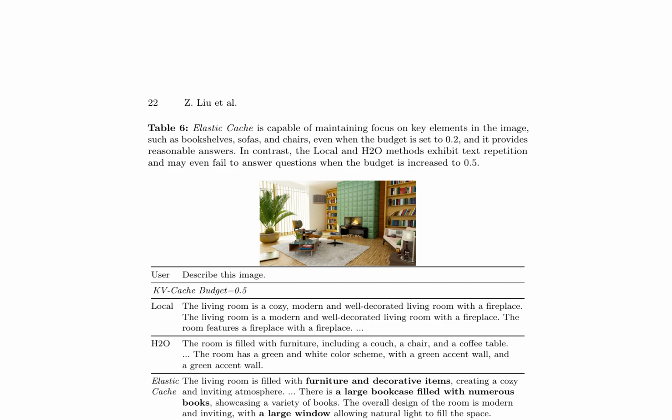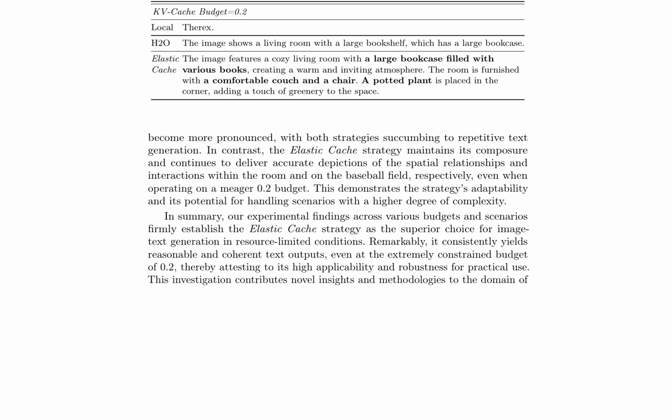When the budget is reduced to 0.2, the Elastic Cache strategy continues to deliver accurate depictions of spatial relationships and interactions within the room and on the baseball field, demonstrating its adaptability and potential for handling complex scenarios. In contrast, the performance of local and H2O methods degrades significantly, leading to repetitive text generation.